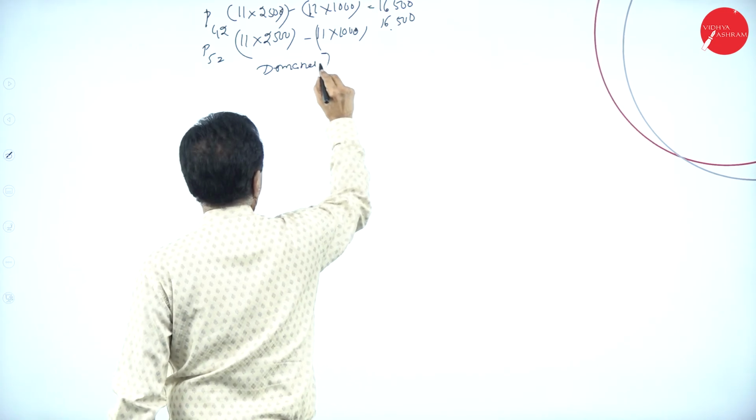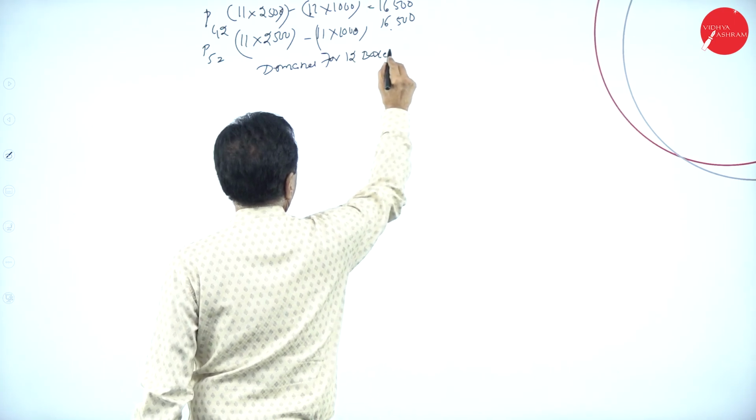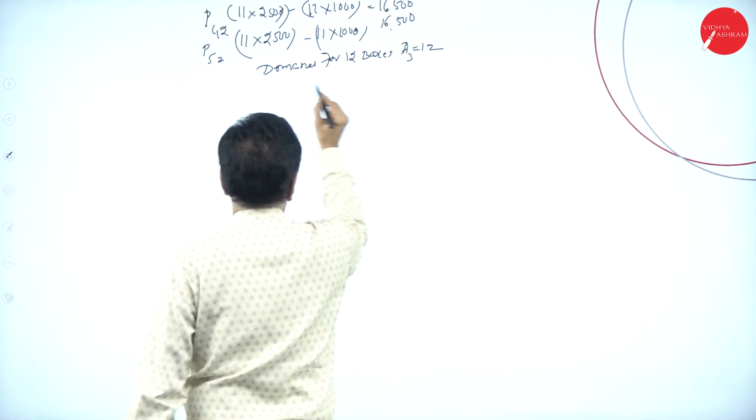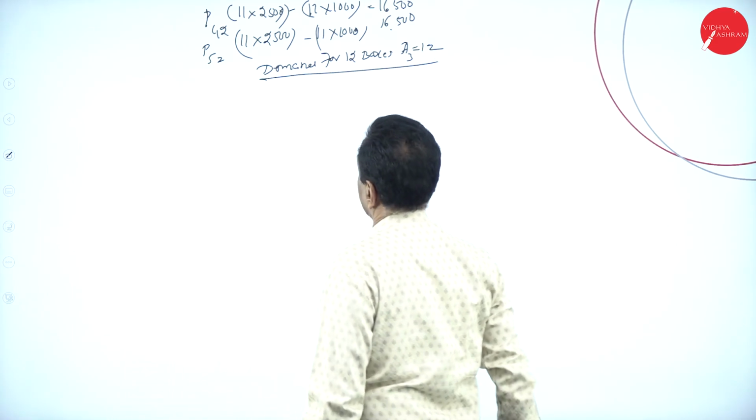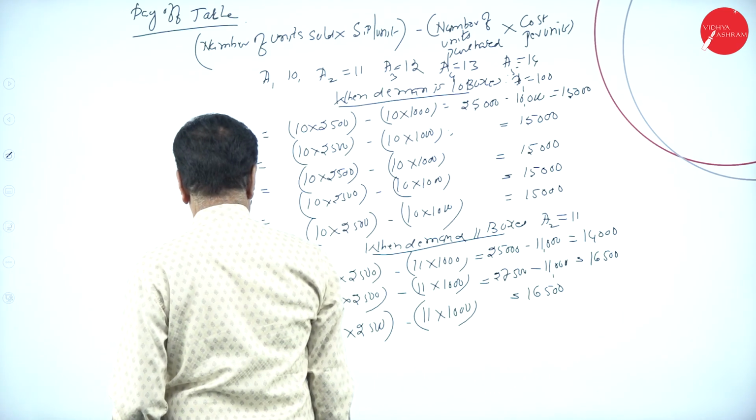Then demand for 12 boxes. A3 is equal to 12. So 12.